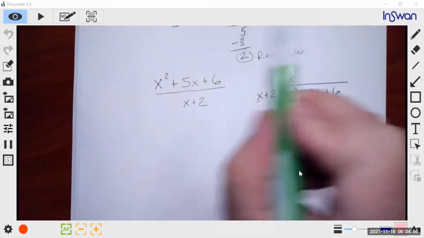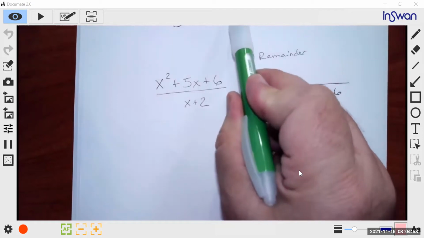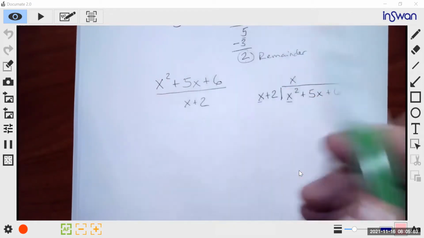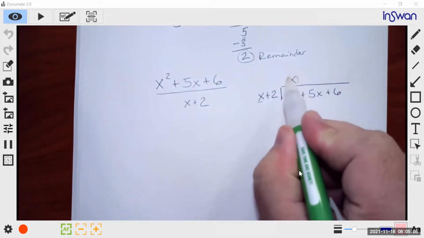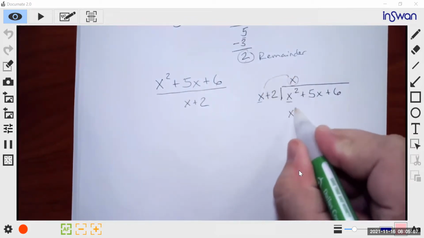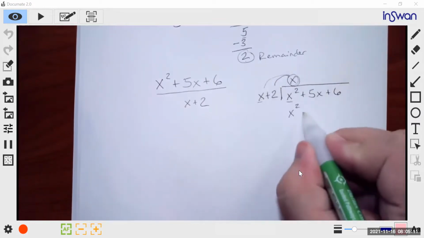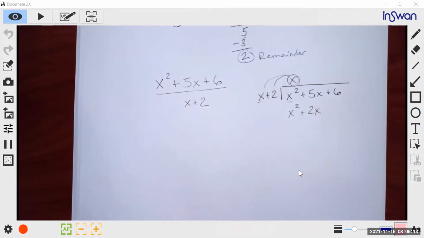Same thing here. How many times does 3 go into 3? Once. Once we did that, we took this number and multiplied it to that. Put it down there. So do the same thing here. X times x is x squared. X times 2 is positive 2x.